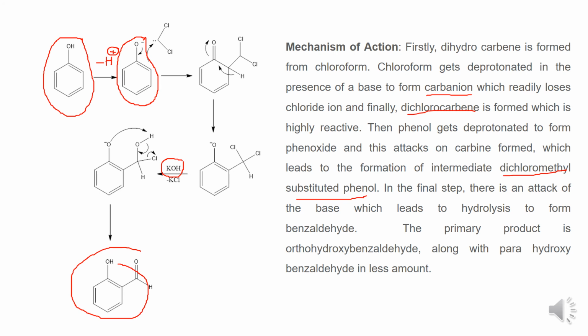The primary product is ortho substituted along with para-hydroxybenzaldehyde. So ortho substituted is the major product, along with para, which is a minor product in this formylation. This is phenol. This is the para position to OH here.